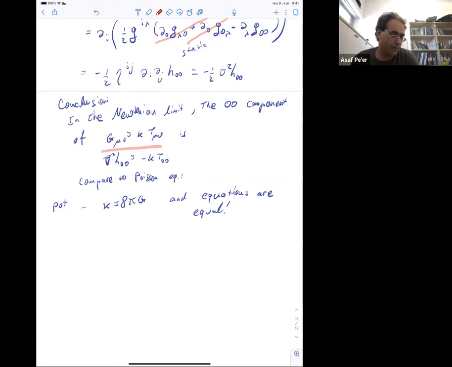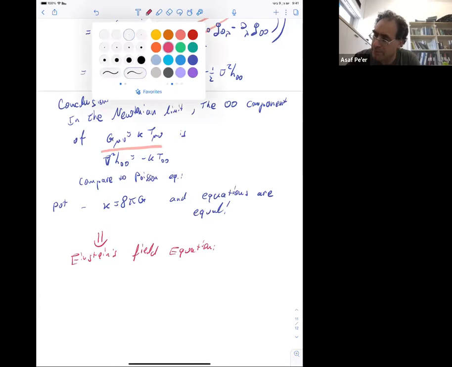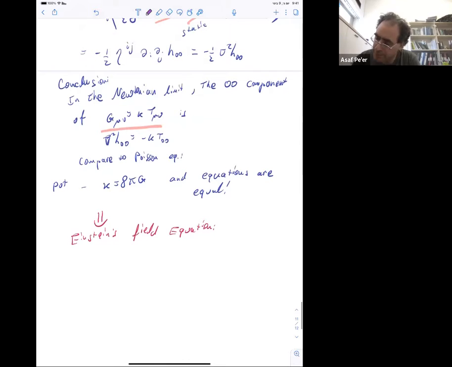So having this normalization, we can finally write down the Einstein field equation: G_{μν}, which is R_{μν} minus 1/2 g_{μν}R, is equal to 8πG T_{μν}.